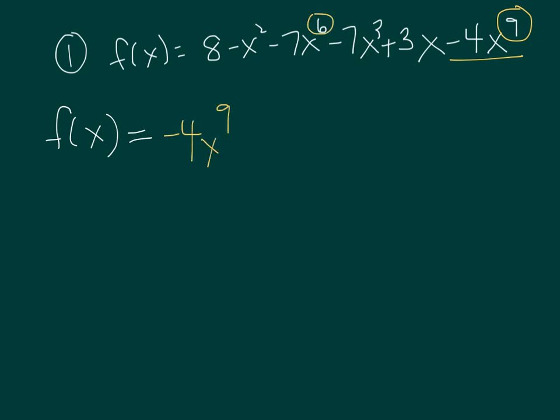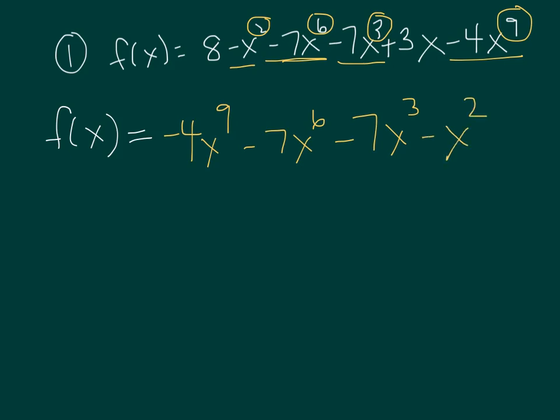Next would be the 6. So I'm going to put this term next, negative 7x to the 6th. Next comes a 3. So I'll put this term next, negative 7x to the 3rd, and then the 2, negative x squared, and I have a 1 here. So this would be plus 3x and plus 8 finally at the end.